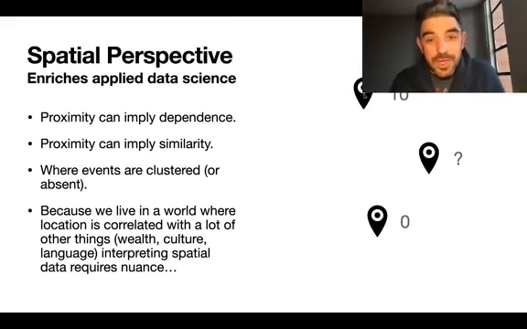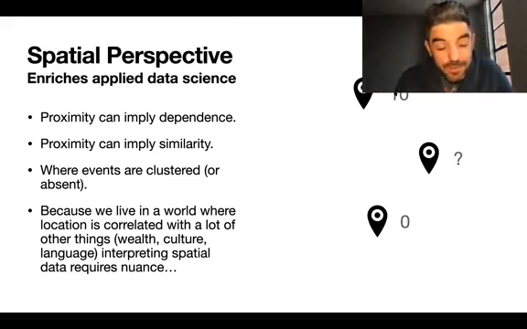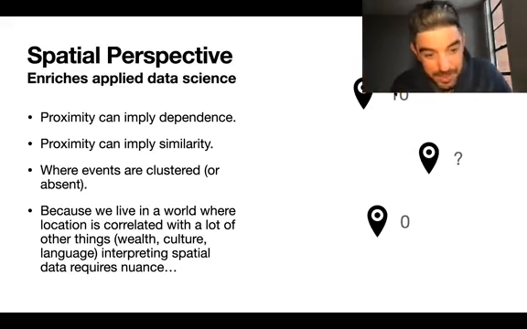In that case, we're talking about proximity implying dependence, where the values in these pairs of locations are probably dependent on each other in some way. We're also talking about proximity implying similarity: two points near each other are probably similar to each other. However, let's imagine we're mapping something else, not temperature. Let's imagine we're mapping gunshots.